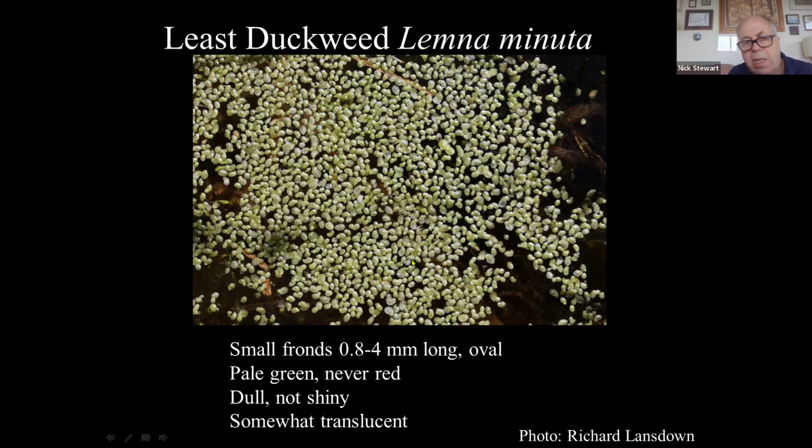So you're catching light from underneath, which is why it's a bit paler and not so glossy. It tends to be easiest to spot when you've got a mass.